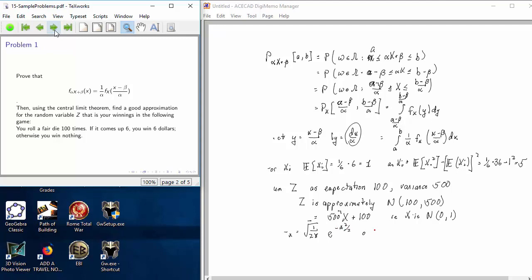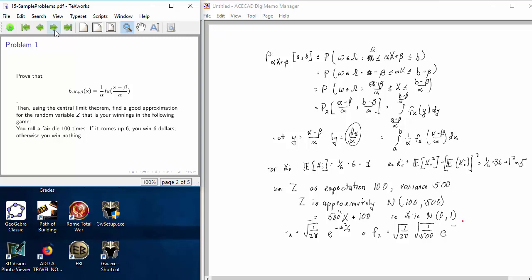And using the formula that I just proved, I can say, therefore, the density function for the new variable z is 1 over 2 pi. And then we've got this 1 over alpha. Alpha was the square root of 500. So we've got the square root of 1 over 500 times e to the, now comes our f sub x of x minus beta over alpha.